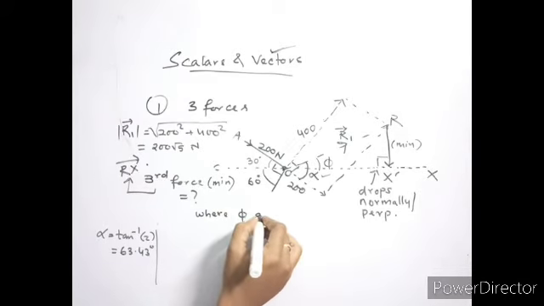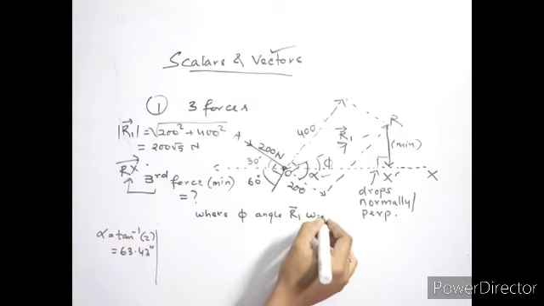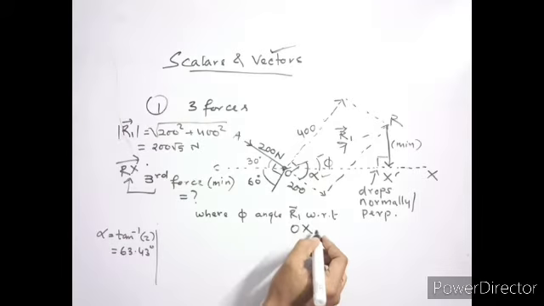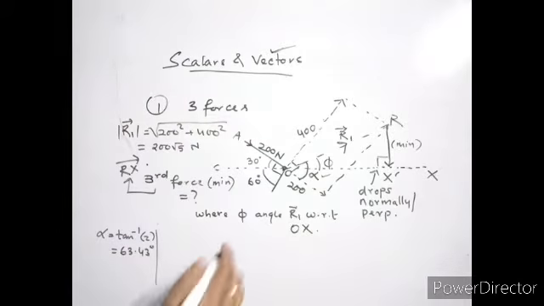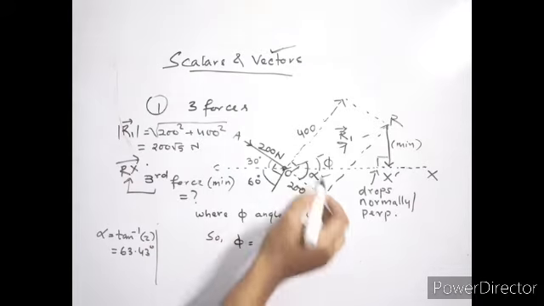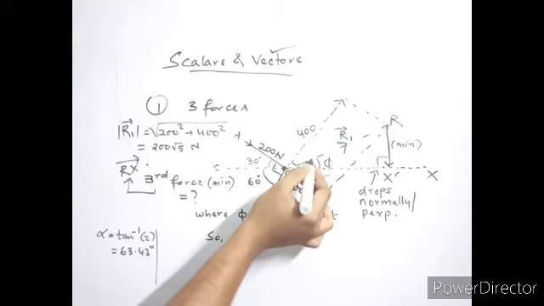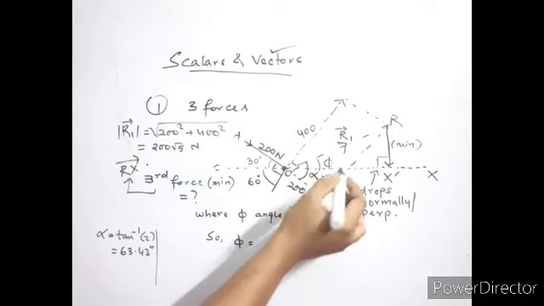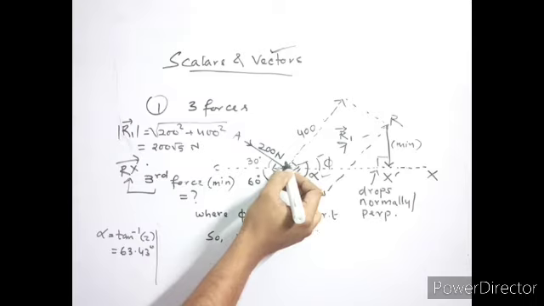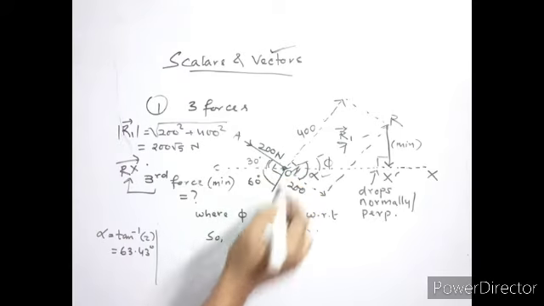So phi is that angle which the R1 vector, the resultant of the first two vectors, makes with respect to the horizontal line OX, along which the final resultant vector lies, that is OX prime. So phi is equal to the whole angle, that is alpha, minus the other smaller angle, that is directly vertically opposite to 30 degrees.